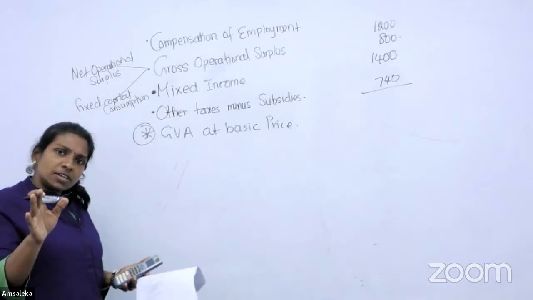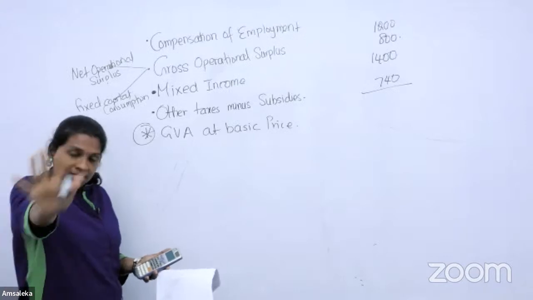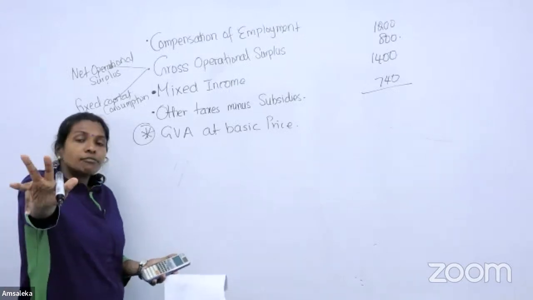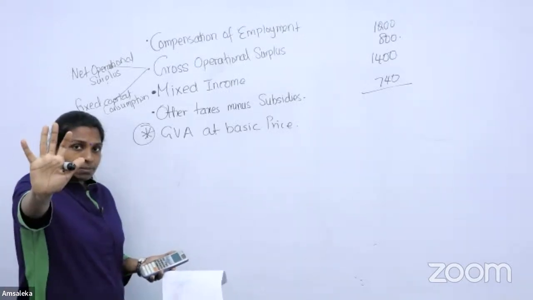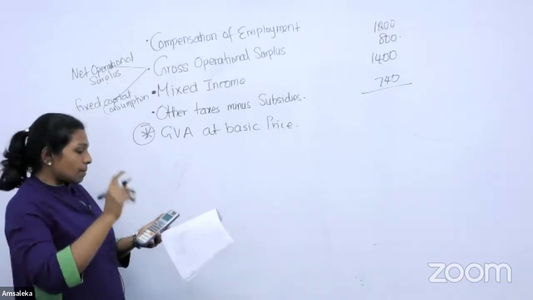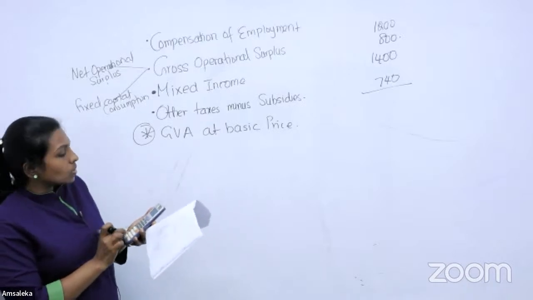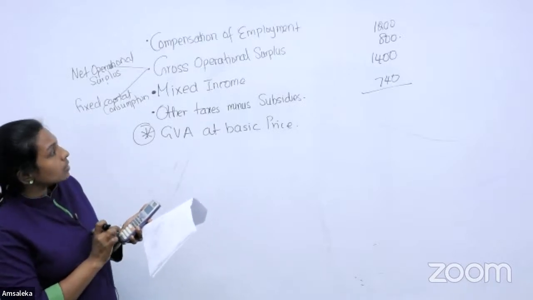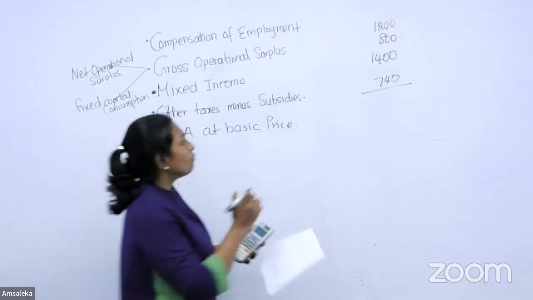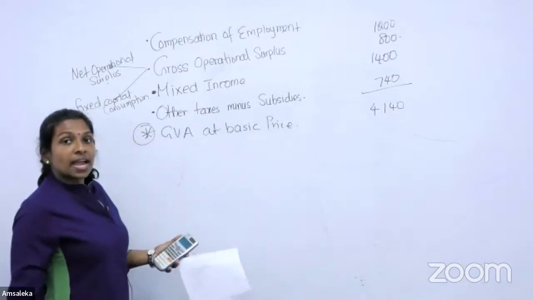What is the GVA? Adding those four from the income approach, maximum four. Then let's add and check: 1,200, 800, 1,400 and 740 gives 4,140. That is the GVA at basic price.